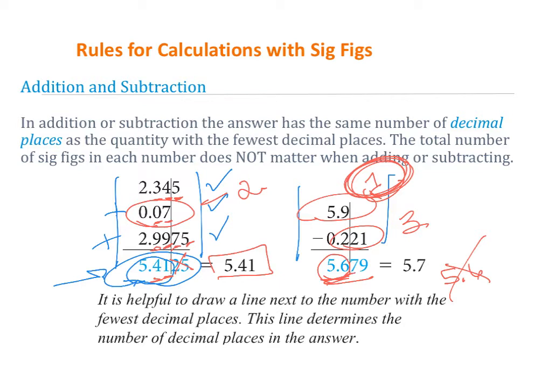The rule for rounding is: if the first digit that's dropped is 5 or greater, you round your value up. So it goes to 5.7. If the first digit you drop is less than 5, so if it's 0, 1, 2, 3, 4, as in this first one where the first digit we dropped was a 2, you're going to keep that last digit the value that it is.